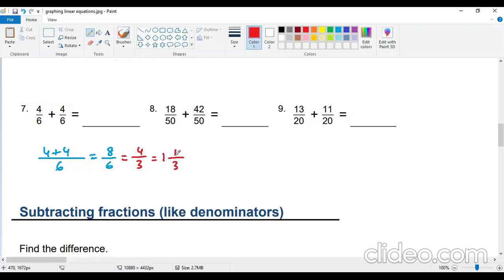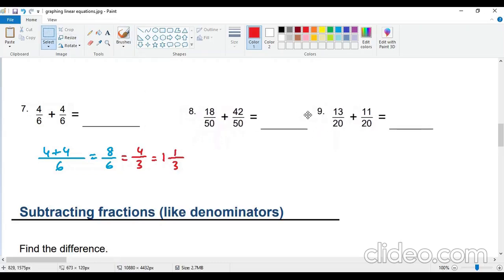When it comes to question number 8, I'll slide this question over here. Now, making a straight line once only, and 50, we write once only, and 18 plus 42 is going to give us 60 over 50.